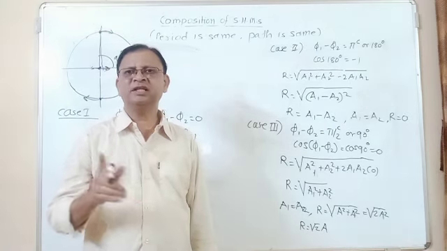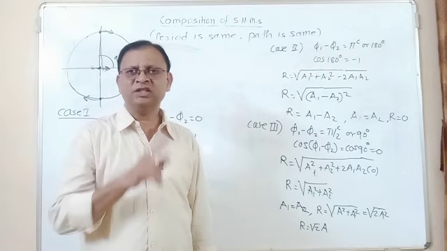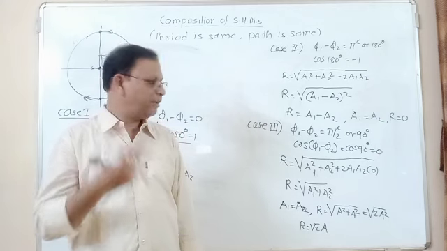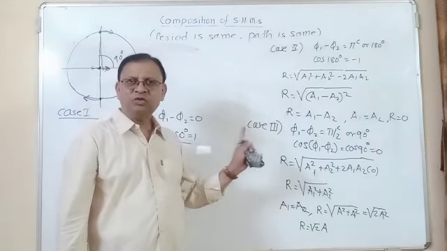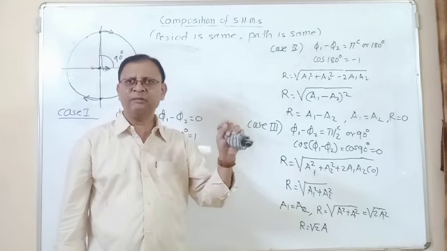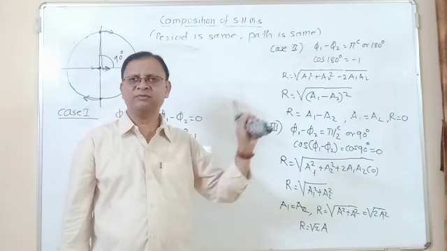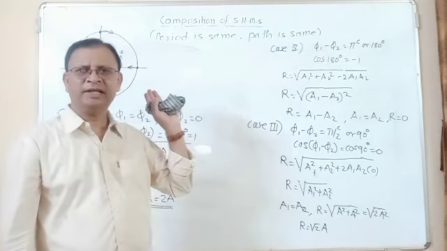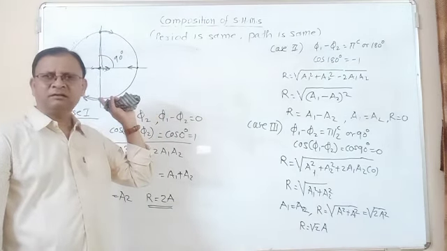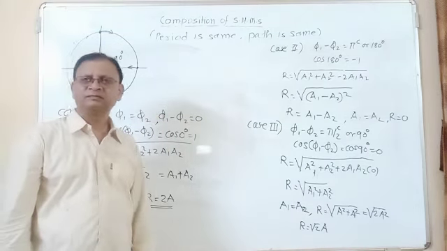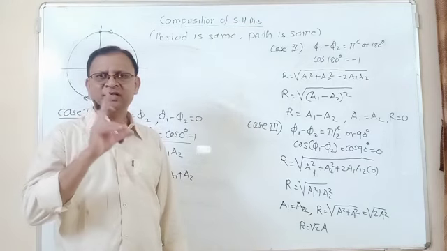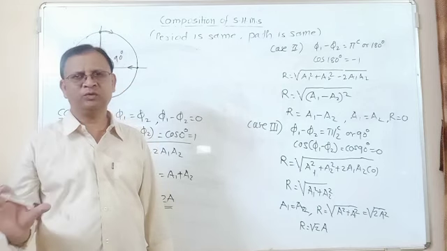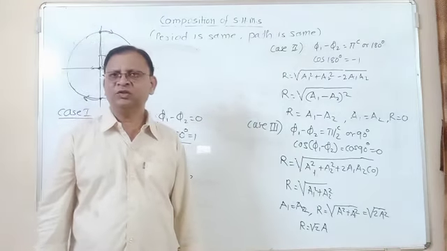And when the particle is subjected to these two S.H.M.s, then the resultant motion is also a simple harmonic motion whose resultant amplitude is R is equal to square root of A1 square plus A2 square plus 2A1 A2 cos (phi1 minus phi2), and you have obtained formula for the initial phase delta, that is tan delta is equal to (A1 sin phi1 plus A2 sin phi2) upon (A1 cos phi1 plus A2 cos phi2). Okay, I think you should understand that.